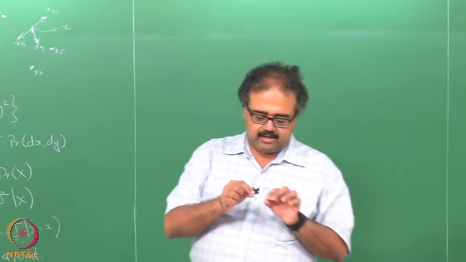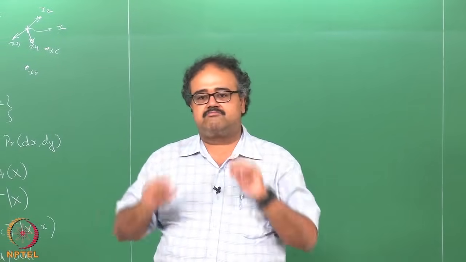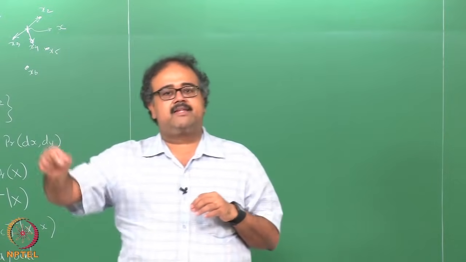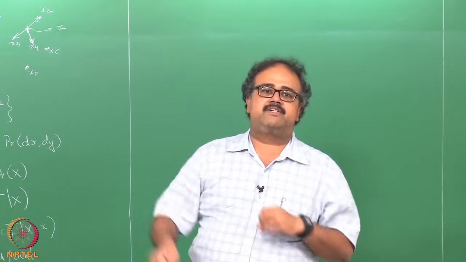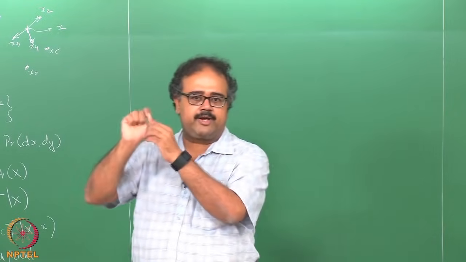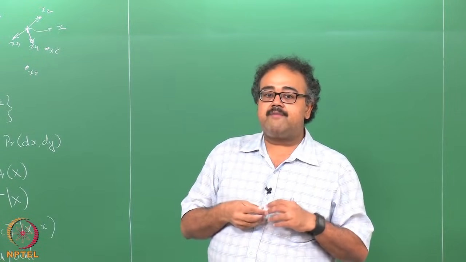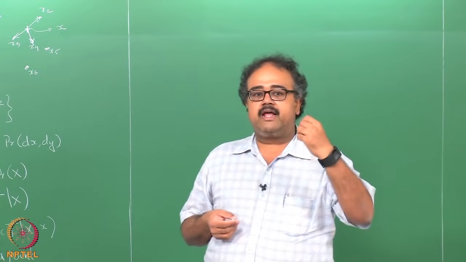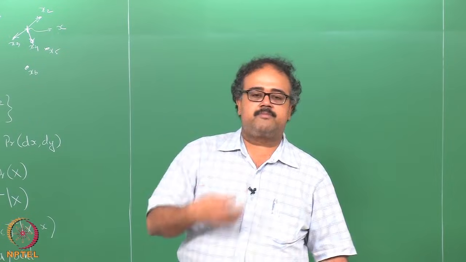Suppose I give the input x and make a measurement, let us call it y1. I give the same input x again and make another measurement, y2. I give the same input x again and make another measurement, y3. So, I have 3 measurements y1, y2, y3 for the same input x. Now, I am asking you to give me a prediction for what will be the output given x. So, what should your prediction be?